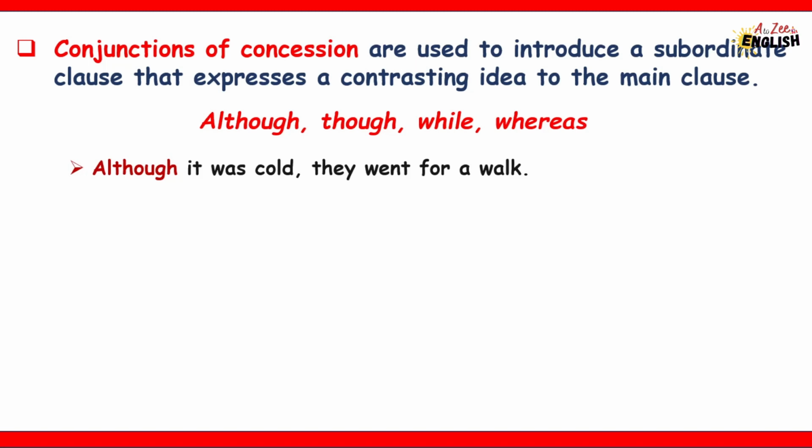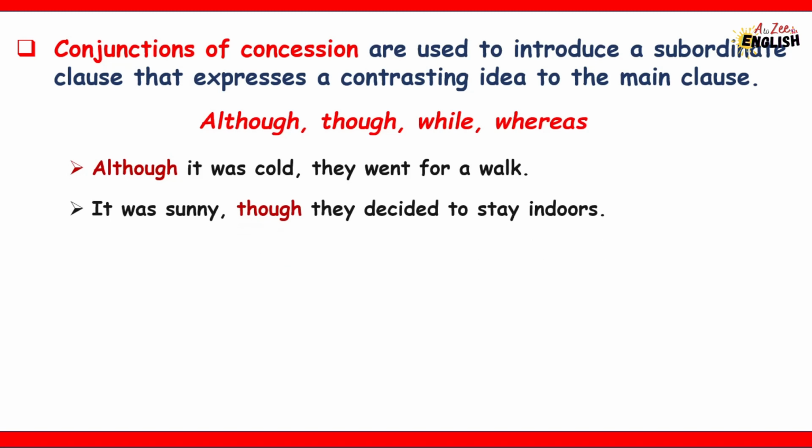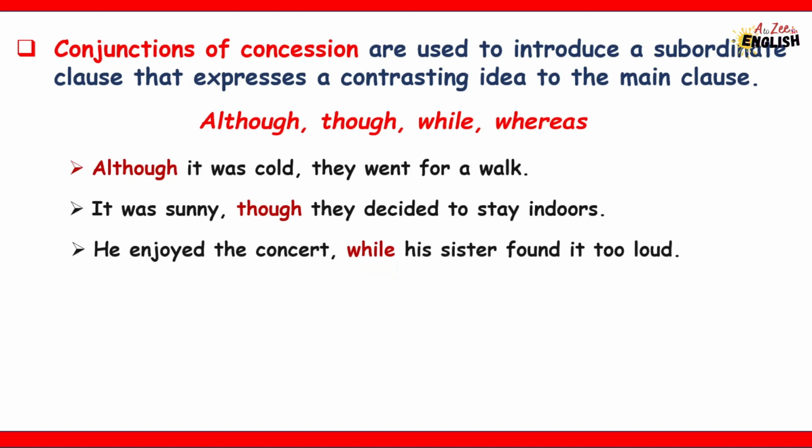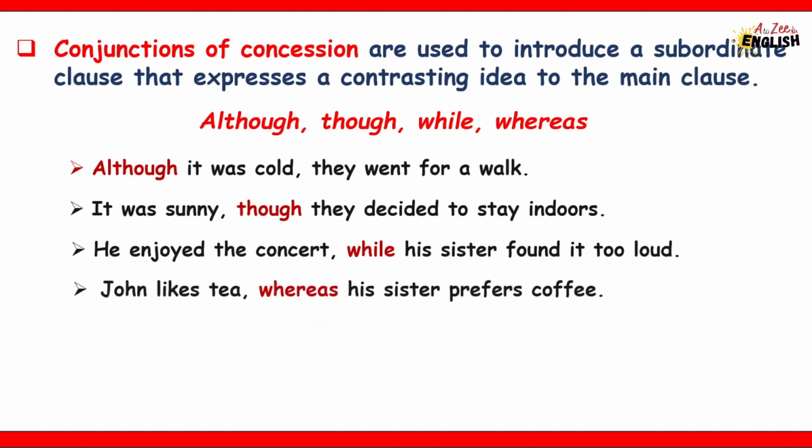Here the subordinate clause, although it was cold, introduces a contrasting condition, emphasizing that despite the cold weather, they still went for a walk. It was sunny, though they decided to stay indoors. He enjoyed the concert while his sister found it too loud. John likes tea, whereas his sister prefers coffee.